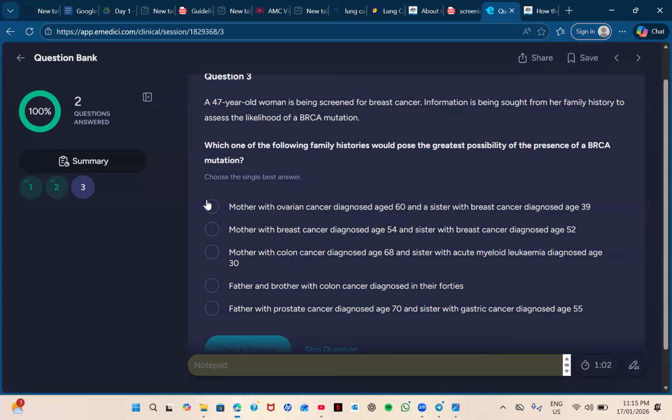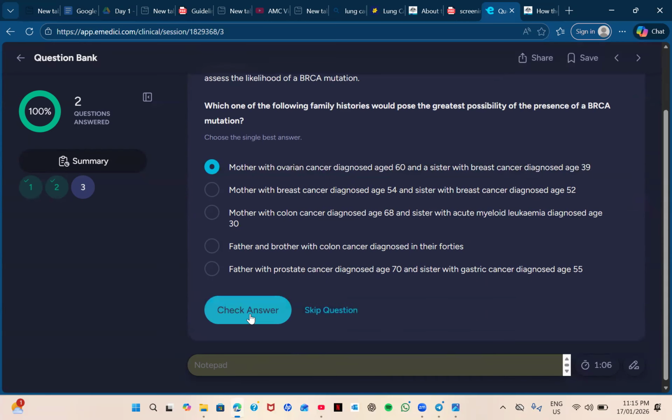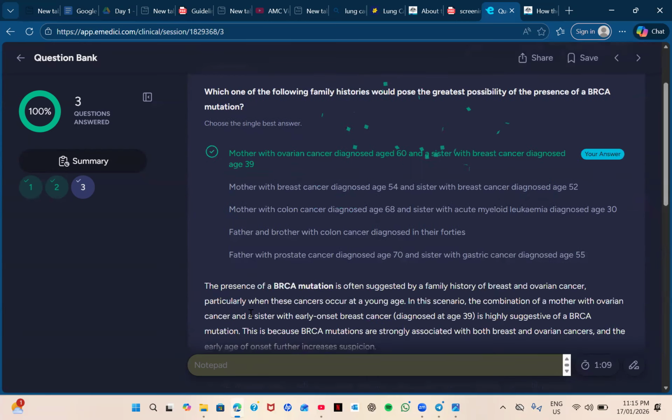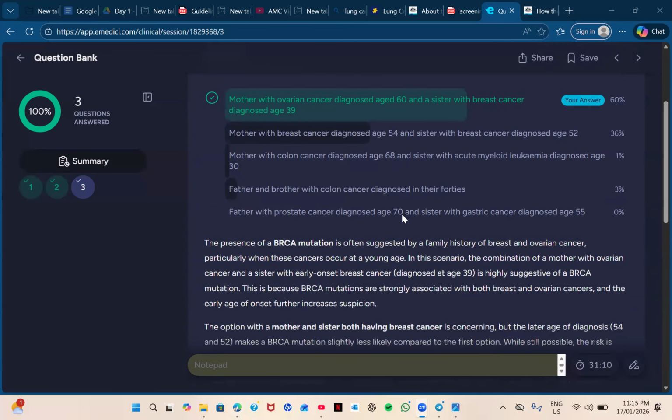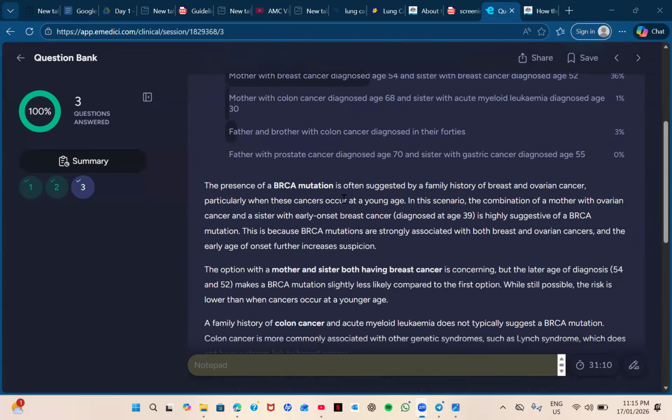Okay, most of the doctors are going with A. Let's see. You understand everything, right? So here, the presence of a BRCA mutation is often suggested by a family history of breast and ovarian cancer, particularly when these cancers occur at a young age.